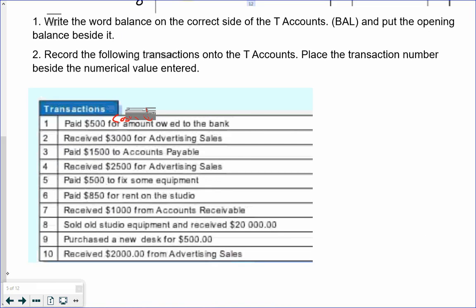Okay. Received $3,000 from advertising sales. Okay, this is revenue. So think about it. $3,000 came into the company. So this means that your cash is going to go up by $3,000, right? Because it's money that came in.